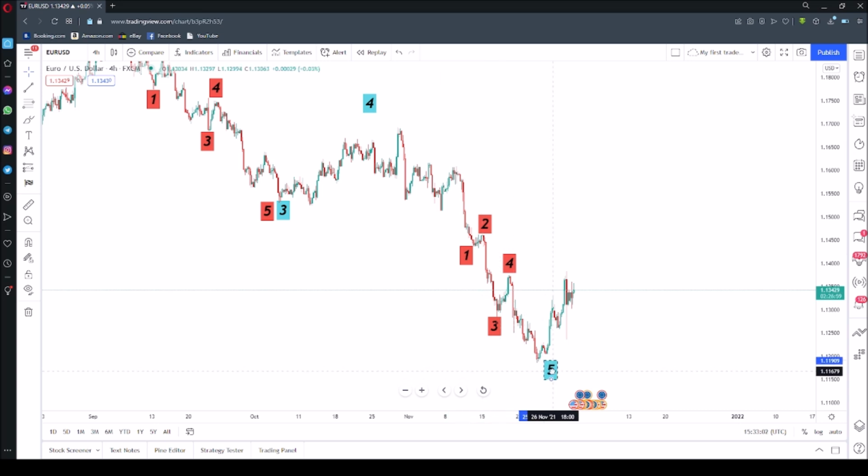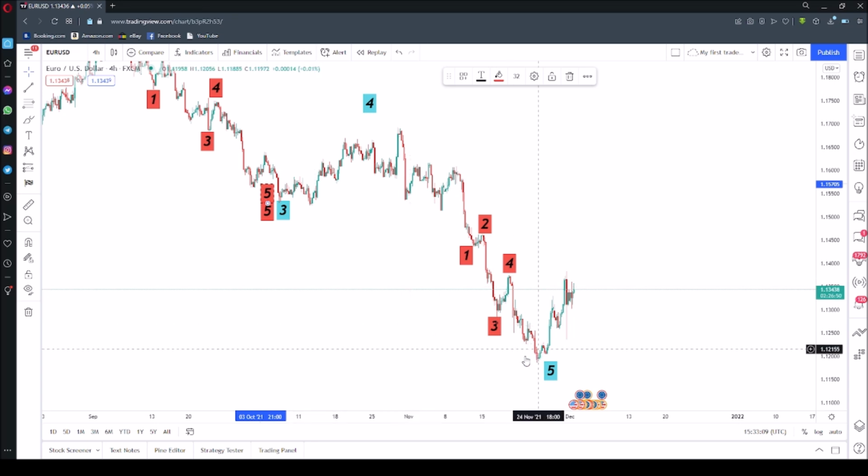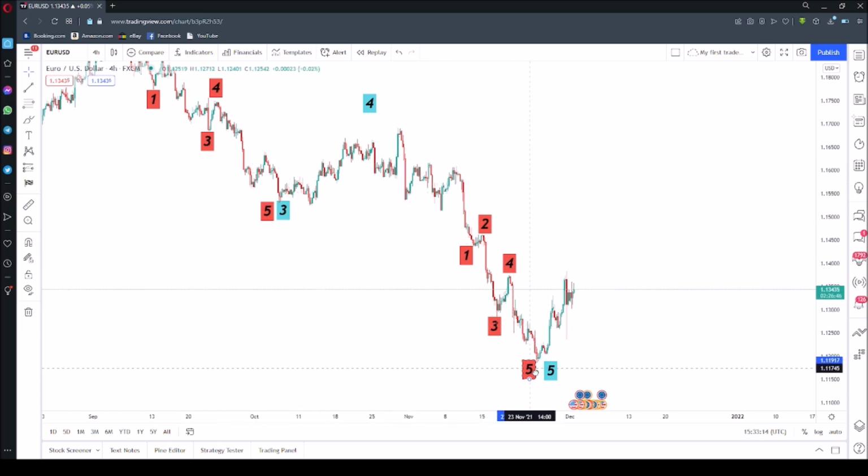So wave 5 on the daily time frame is this one, and then wave 5 on the H4 time frame will become this one. Therefore, in this case, we would say the daily Elliott wave cycle is complete, right?